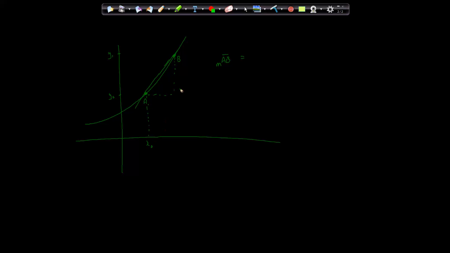That's x0, and that is x1. Okay, so the slope is y1 minus y0 over x1 minus x0.